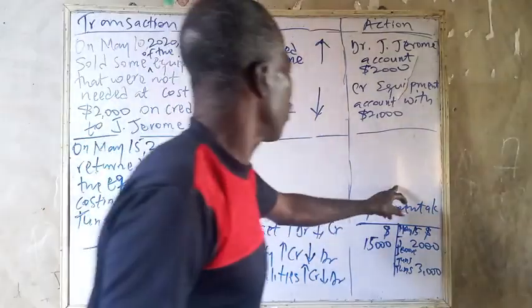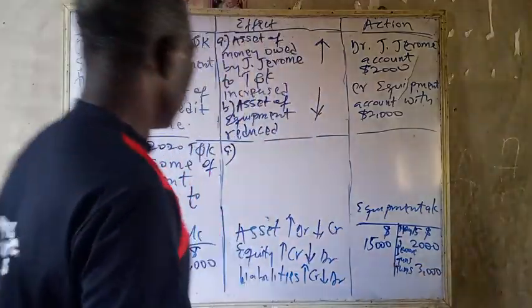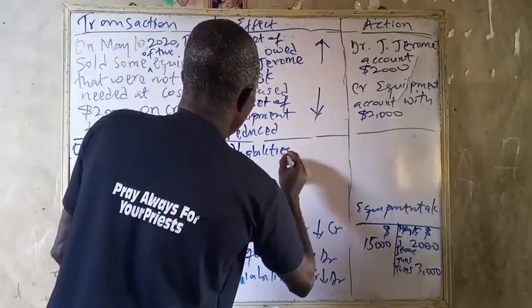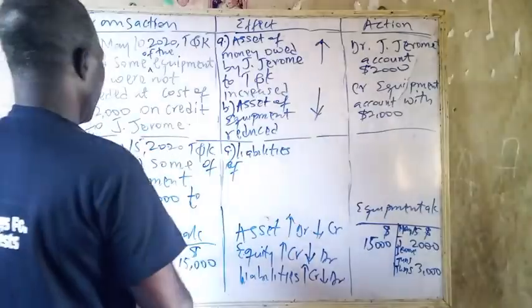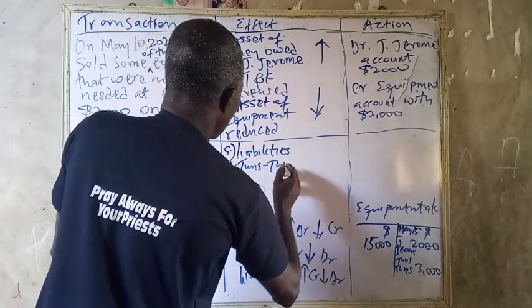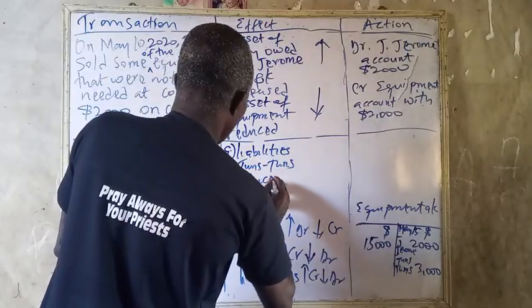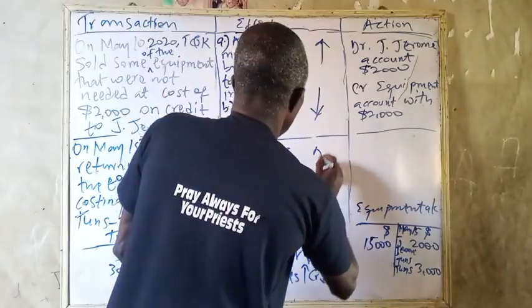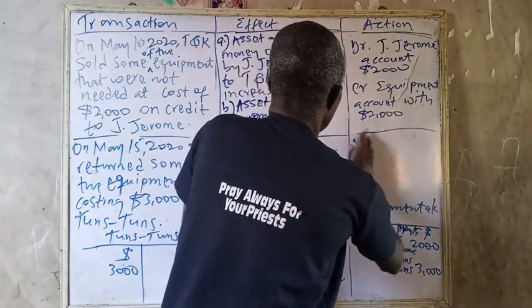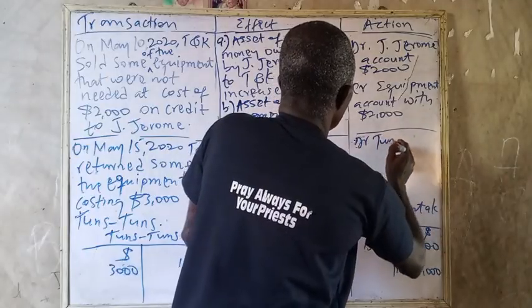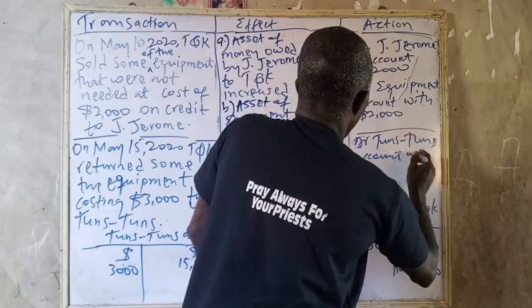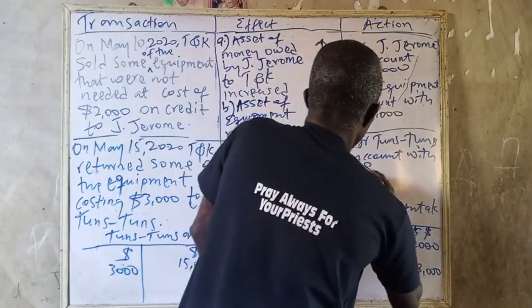Liabilities to Toons reduced, so you debit Toons account with $3,000.